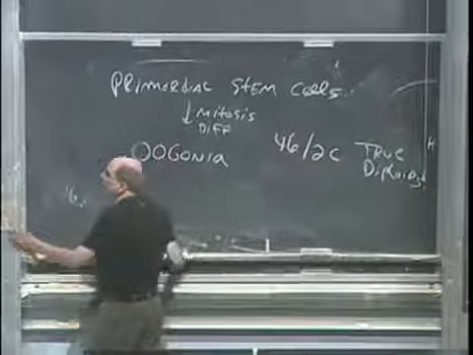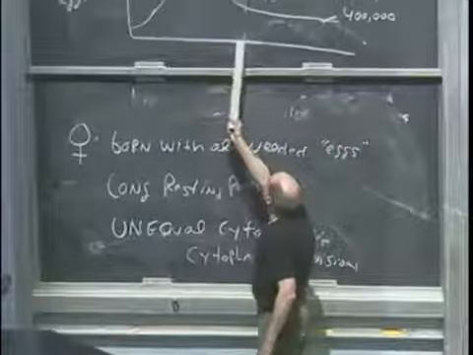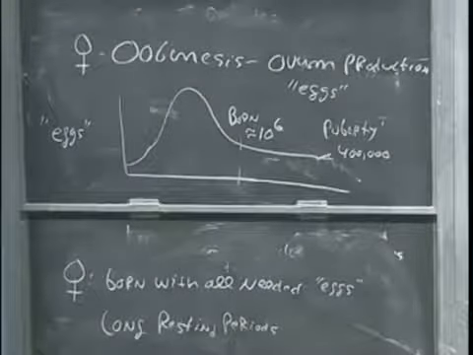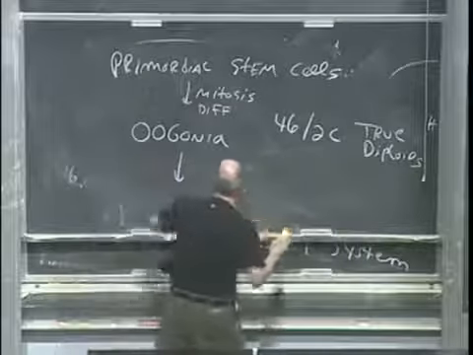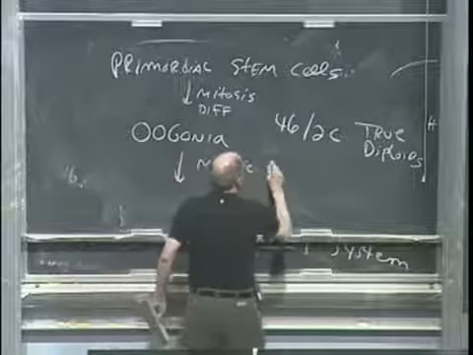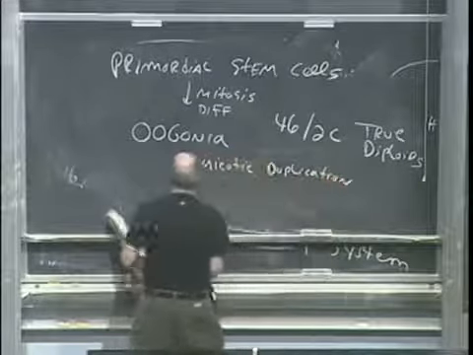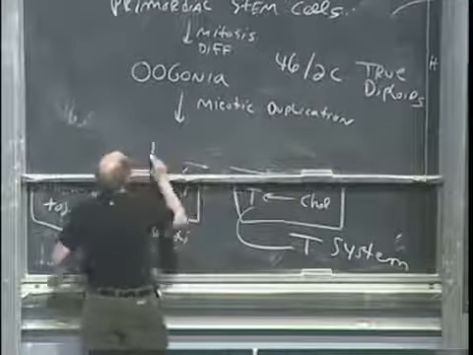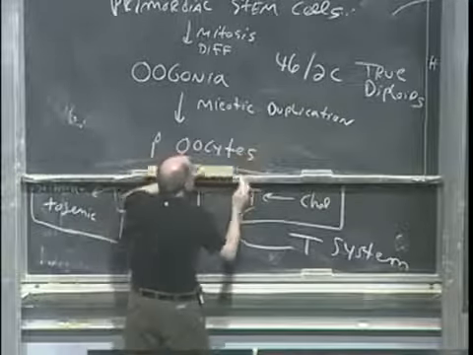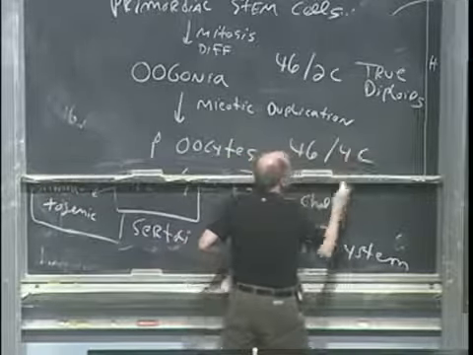At some point between conception and birth, the oogonia undergo the duplication of the DNA, forming primary oocytes. These primary oocytes have 46 chromosomes but 4C DNA.